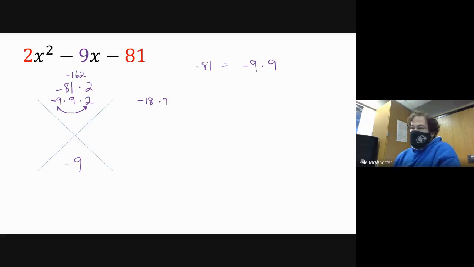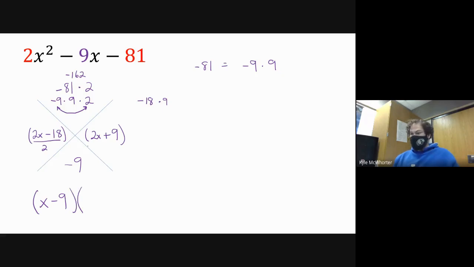But I found them by looking at the factors, right? 9 times 2 is 18. -18 plus 9 would get you -9. So I'm going to use a -18 and a +9, and I need to start each one of those with a 2x. And I need to divide out the 2 from one of those, and it's going to come out of this one. So we get x minus 18 divided by 2 is 9 times 2x plus 9.